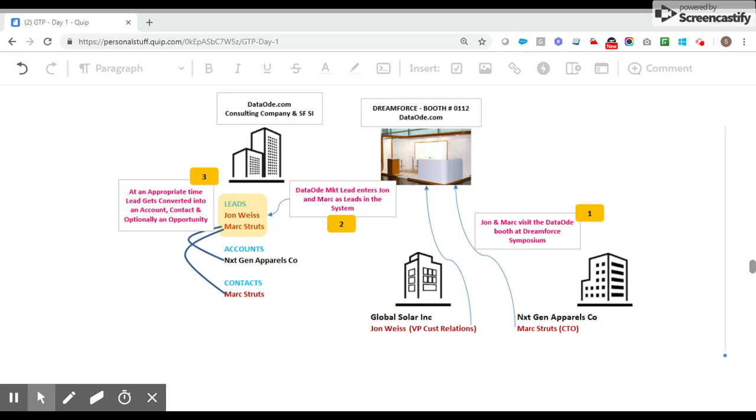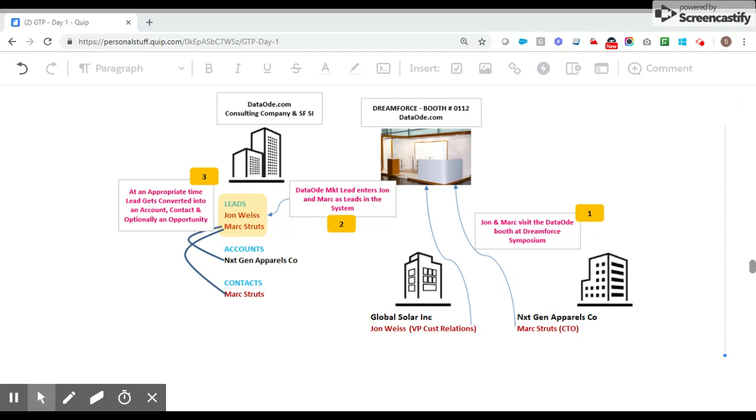The Data Ode marketing team would also analyze the need, whether it is the appropriate time, at what time they want to implement the solution, whether they have the budget, and whether John Weiss and Mark Strutz are influential people within their organization, whether they are decision makers, etc.